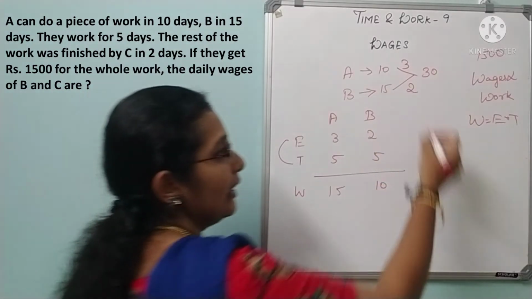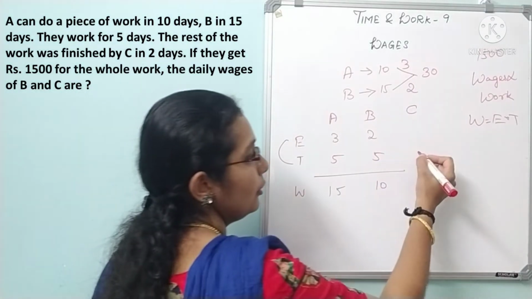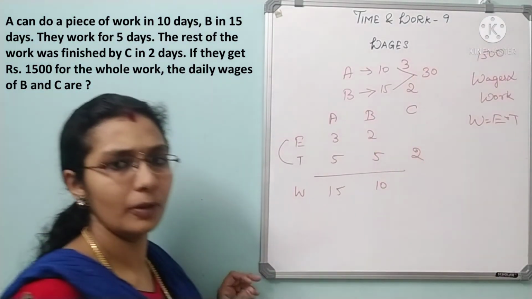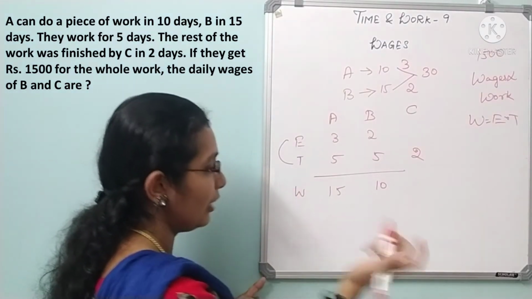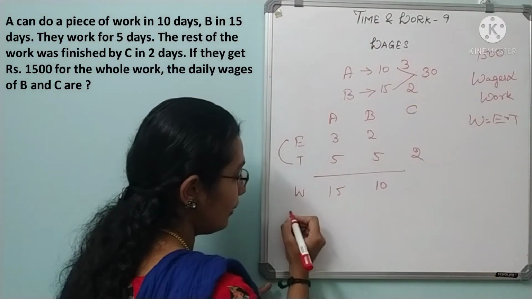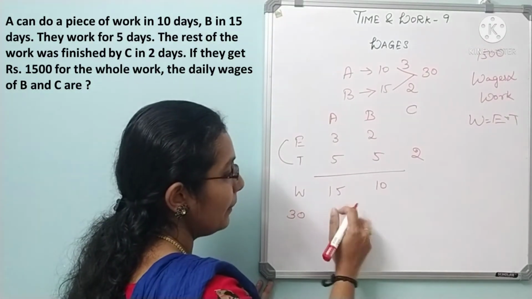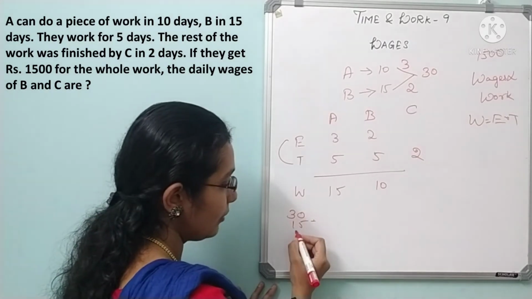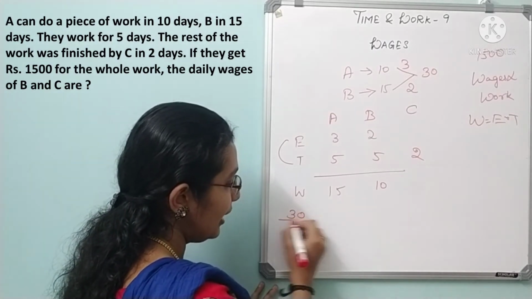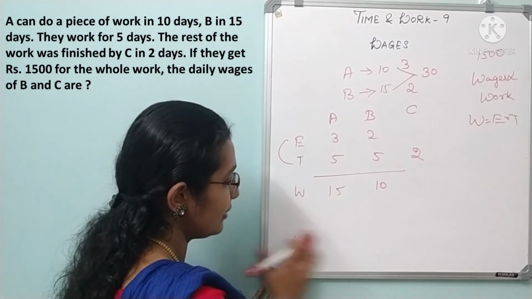And there is another person C who works for 2 days, and his efficiency we don't know, leave it out. From this we can find one more thing. Total units of work is 30, in which 15 is done by A and 10 is done by B. So 30 minus (15 plus 10) is 5 units for C. You can write it like this.